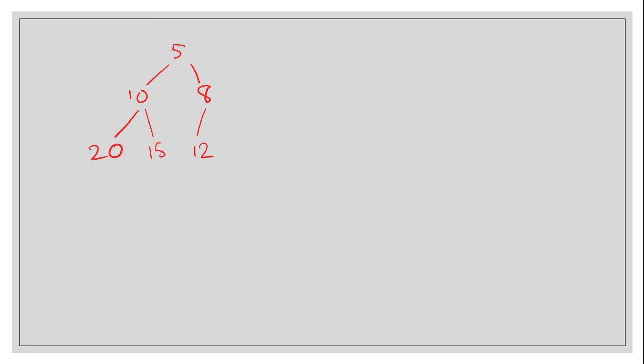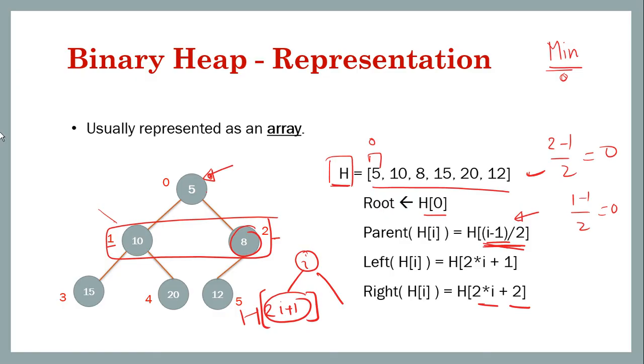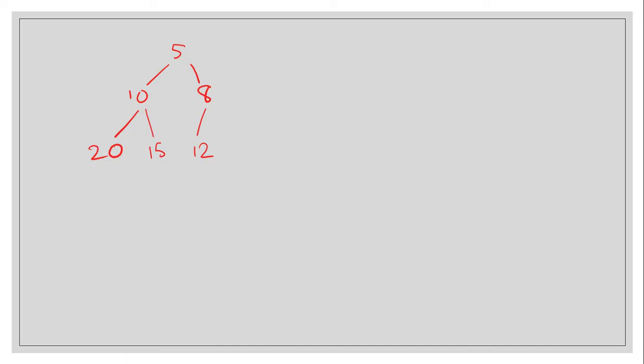So this is slightly different from our original tree because we have inserted in some order, but you will see that heap property is satisfied. 5 is the root, which is less than all the nodes. Then 10 is less than its 2 children, 20 and 15. 8 is less than 12. So it's a valid tree. So it's working.